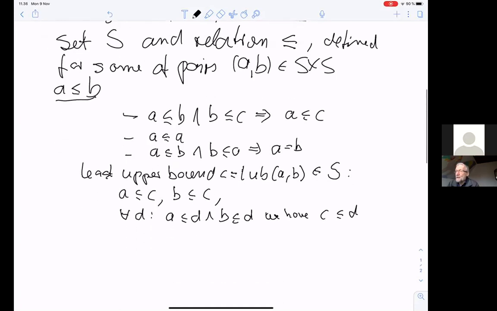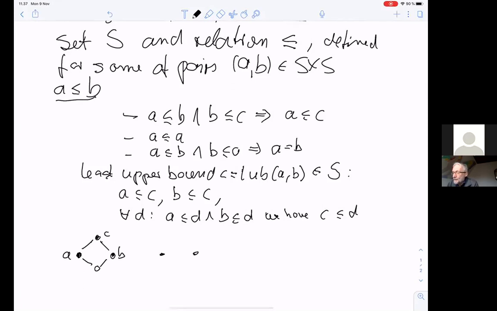If I draw my diagram from before, with these four elements in my set and these relations where this guy is less than that guy and so on, and A and B are these two elements here, then of course the least upper bound would be C here. This works because C is above both A and B, and there's nothing between C and A and B. There's no other candidate.